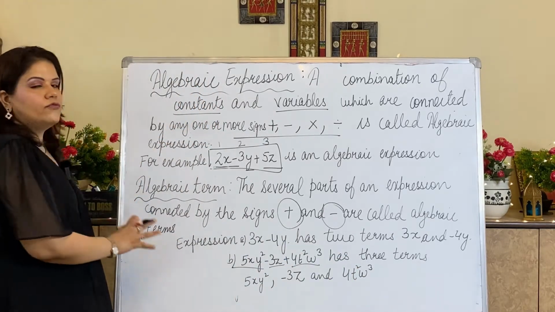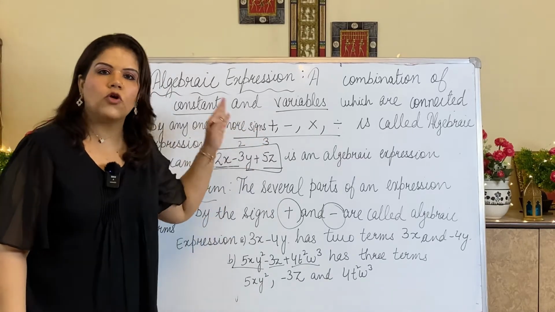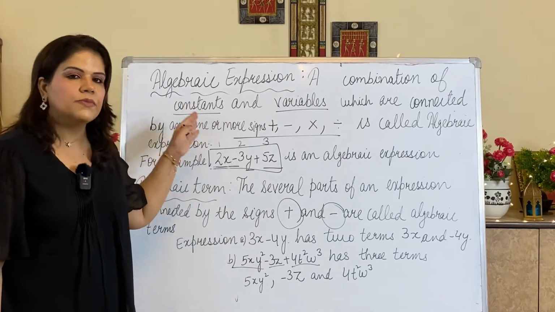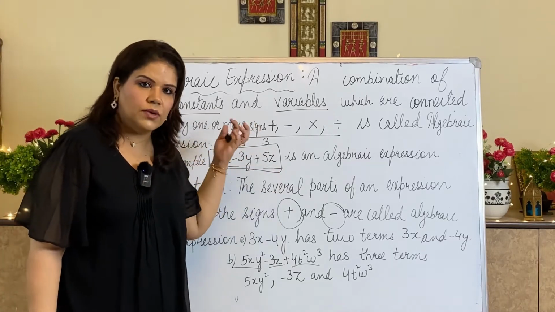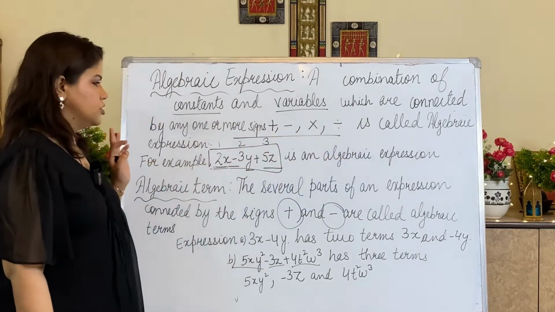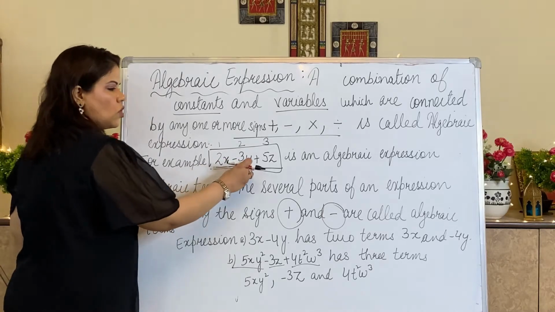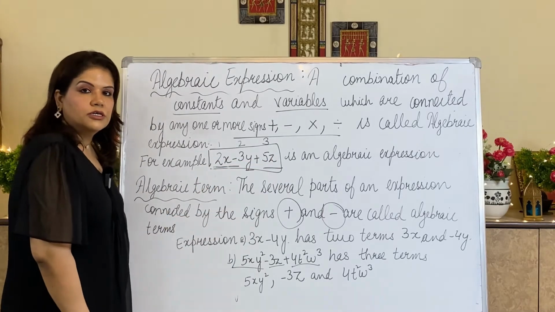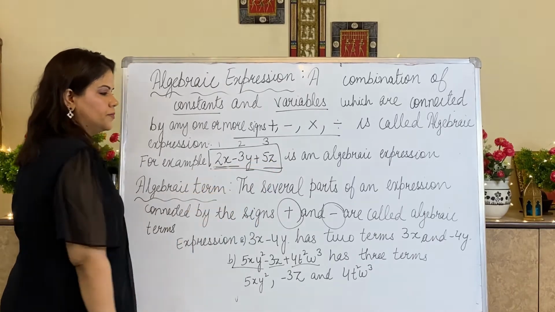So what I have done here, algebraic expression is made up of constants, variables and signs. They all are connecting to each other and making one algebraic expression. And each one of them is called term. This is first term, this is second term, this is third term.